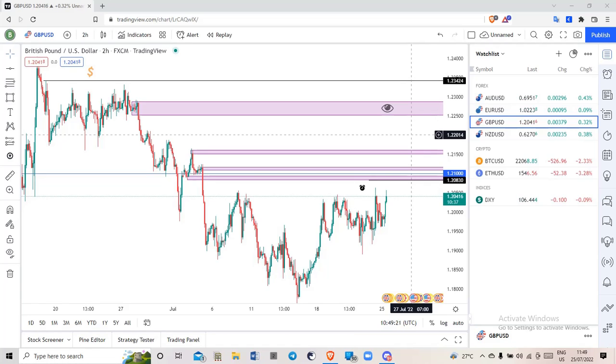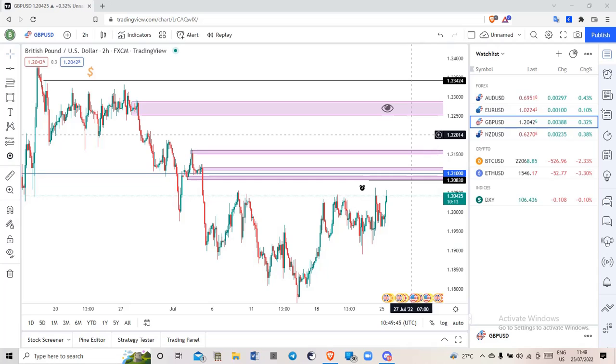Okay, market structure is simply how the market moves. Just like we said, it is part of price action, because that is actually the way the market moves. The market goes up and down. When the market is going in a particular direction, we call that a trend.